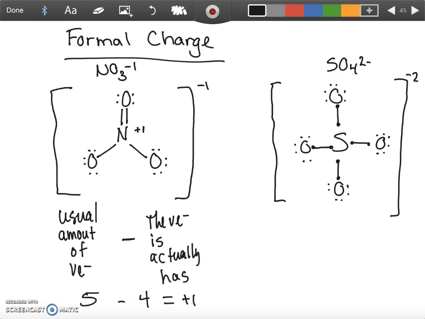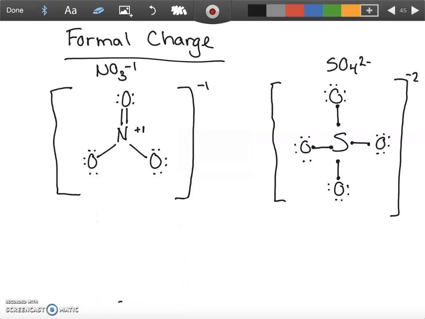Now let's look at the 3 oxygens. So this is for nitrogen, and then we'll do these 2 right here. Let's circle the electrons in their immediate vicinity.